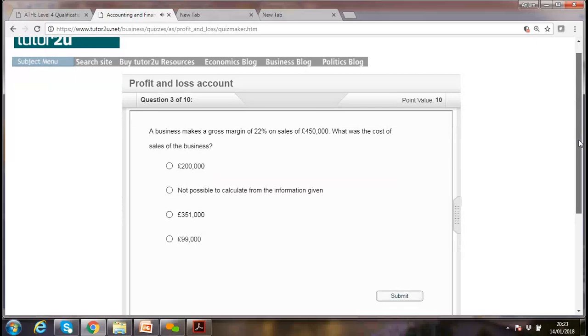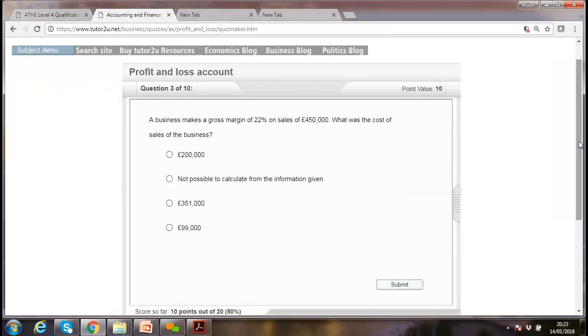So a business makes a gross profit margin of 22%. Gross profit comes from sales less cost of sales. So my sales value is 450,000, and on 22% I make the profit. What was my cost of sales? Because the rest will be my cost of sales, which is supposed to be 78%. What will 78% of 450,000 be?